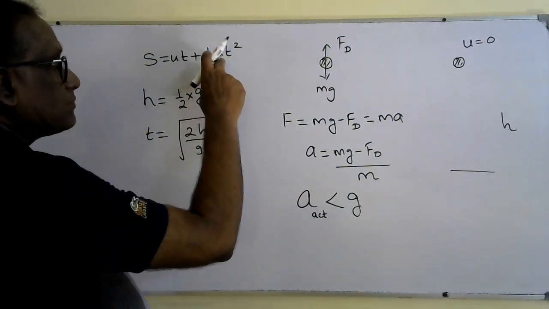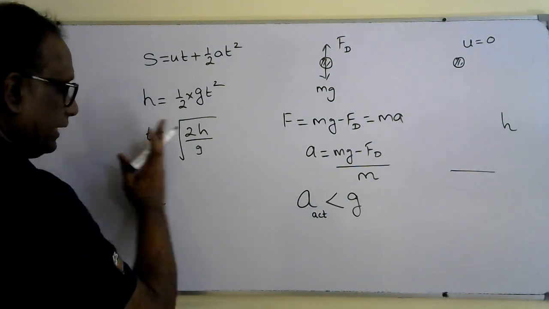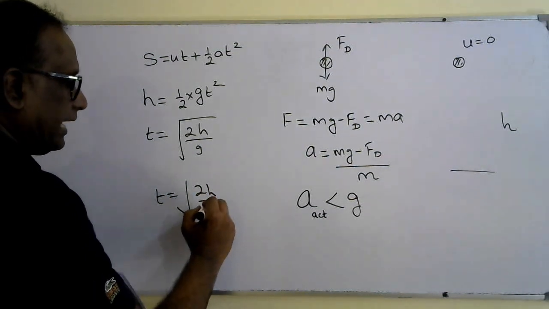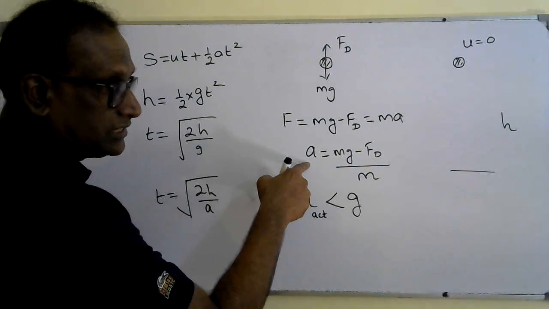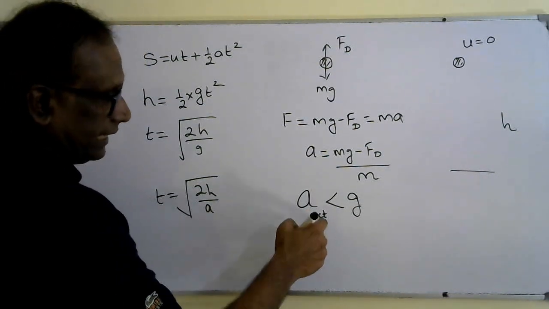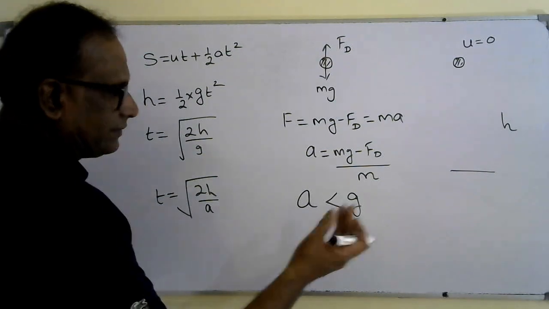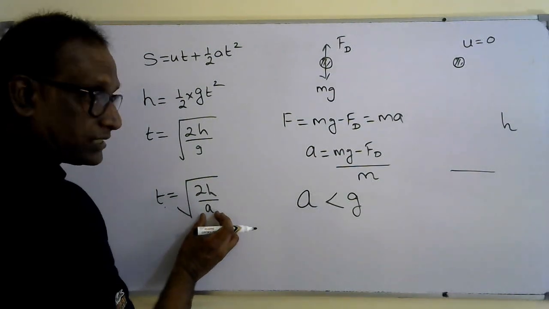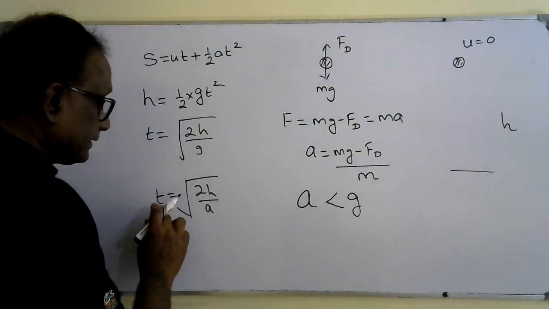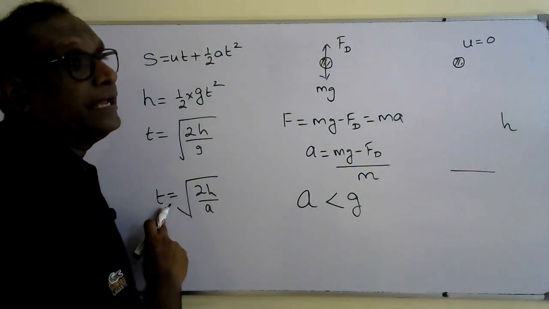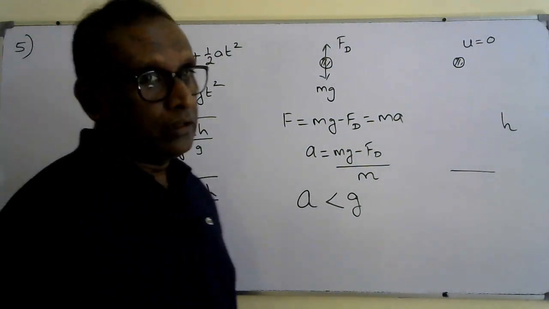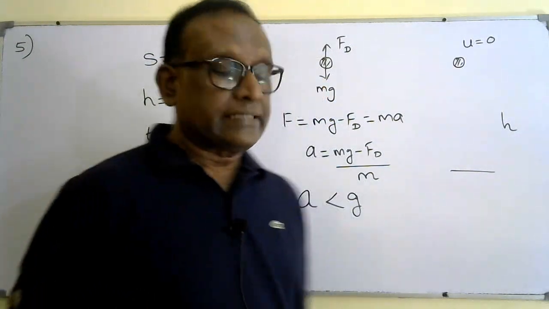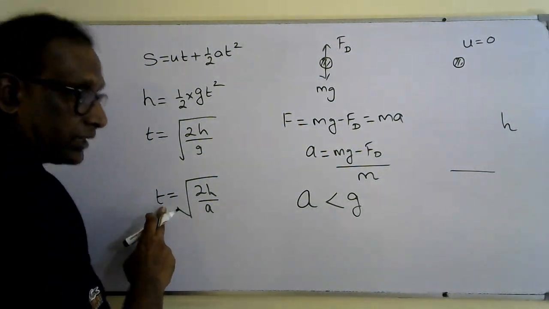So instead of g, we should put t equals the square root of 2h over a, where a is the actual acceleration, which is smaller than g, if there is drag force. So the denominator is small, and the time is going to be more. It will take more time than the student obtained through calculation. So the actual time is going to be longer.